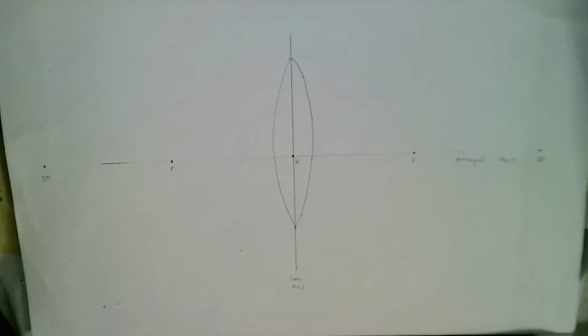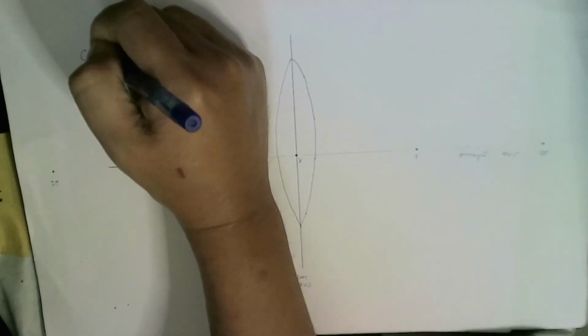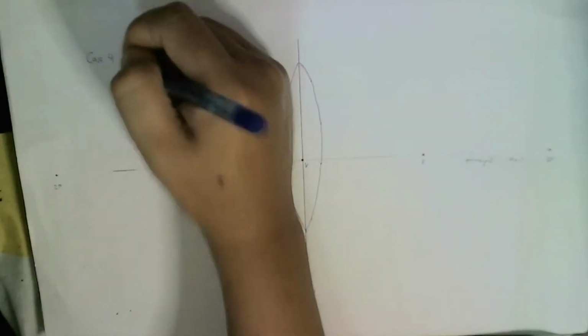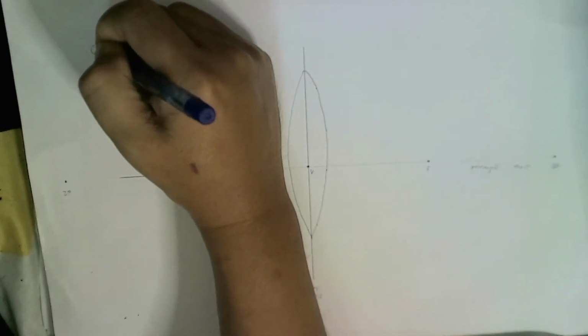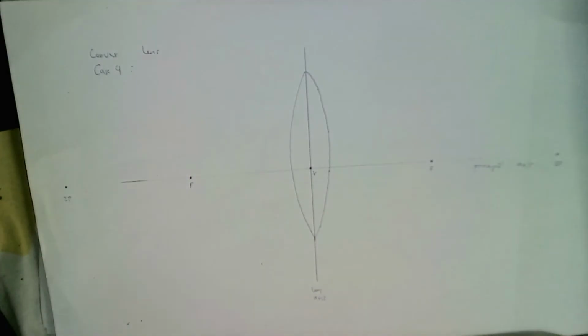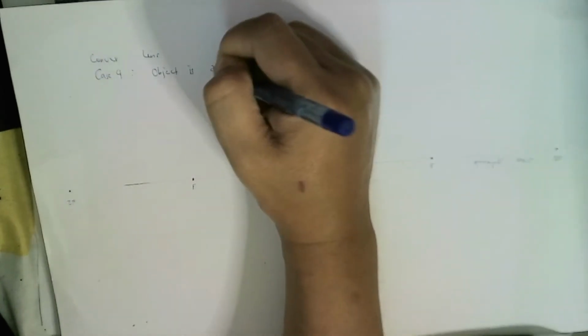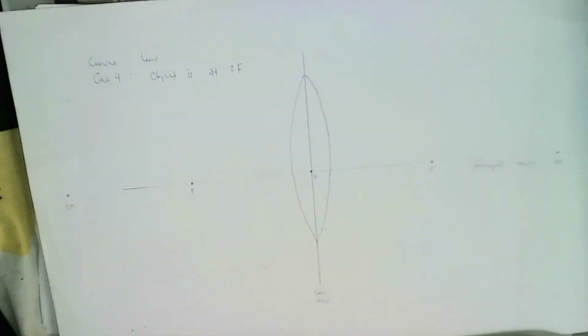In this case, I will choose case number 4. So case 4, this is a convex lens. Case 4, when the object is at 2F.